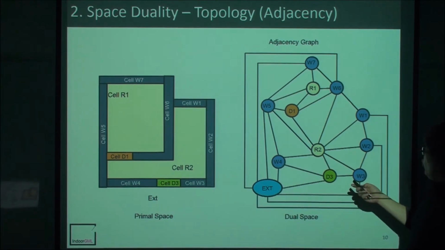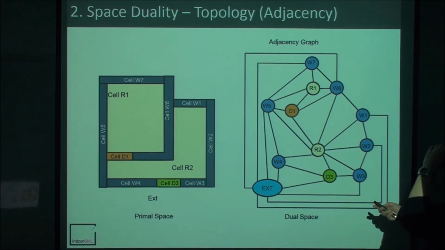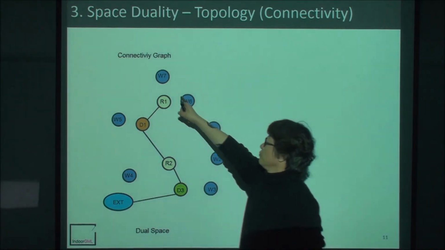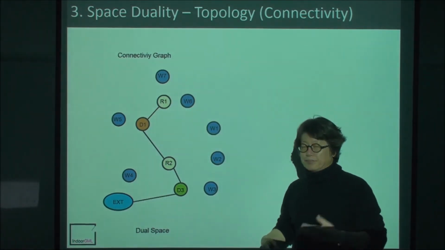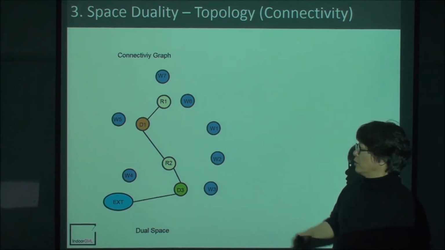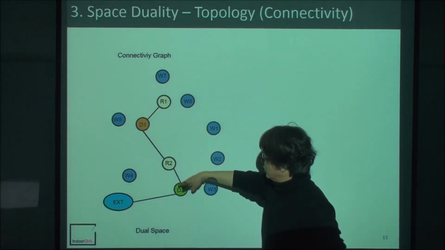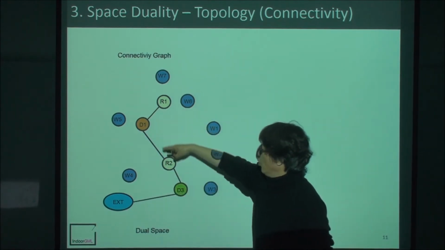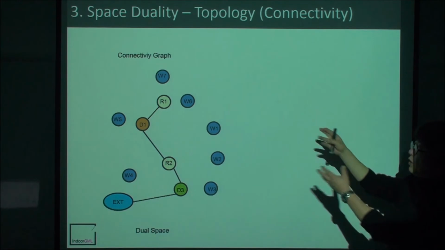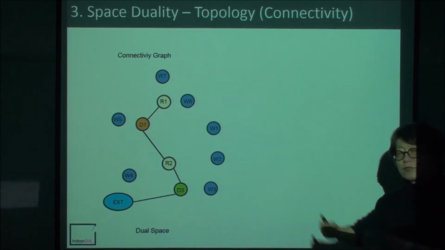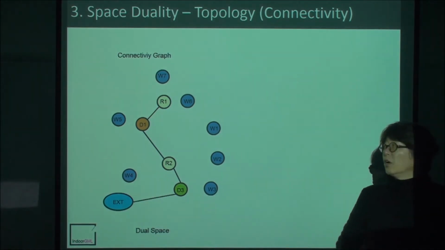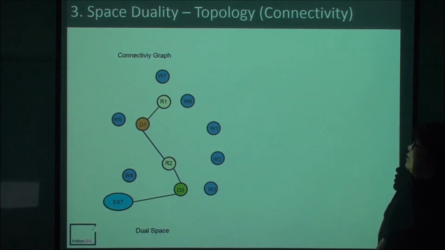So if we are only interested in the connectivity, then we can remove all other edges which are non-navigable. Then we only have the nodes and the edges of connectivity. So this is called the connectivity graph. So from the adjacency graph, if you want, we can derive a connectivity graph.